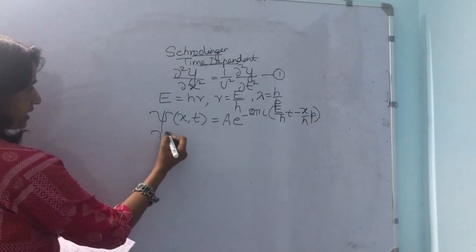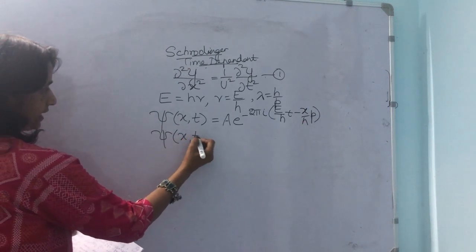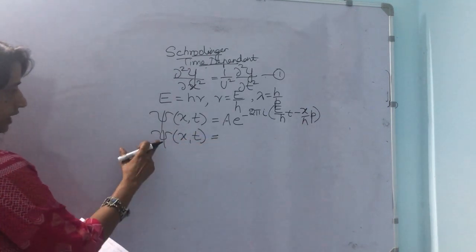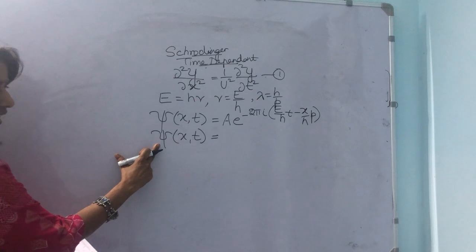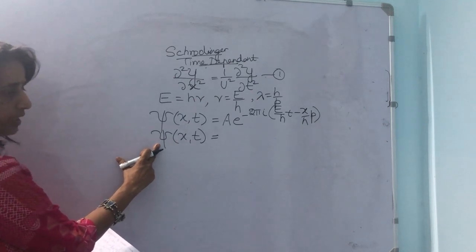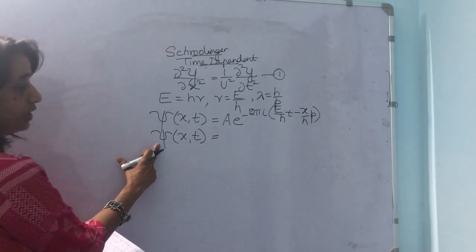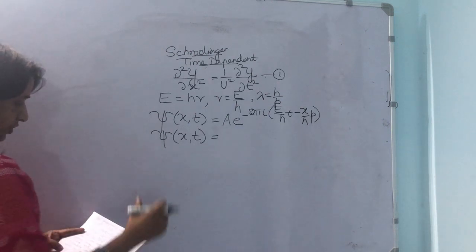Now we can write phi x t; this wave function is acceptable, it is normalized, it has a finite value, and it is differentiable.